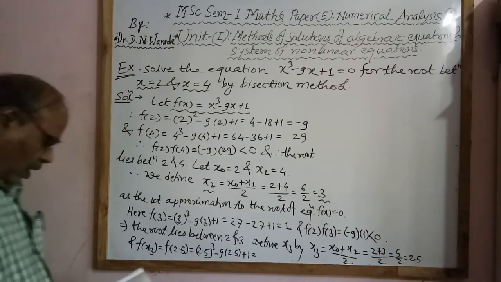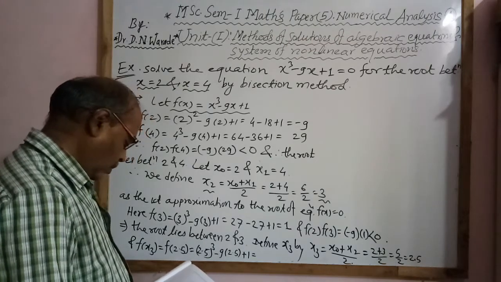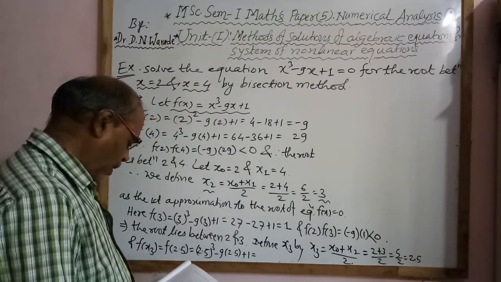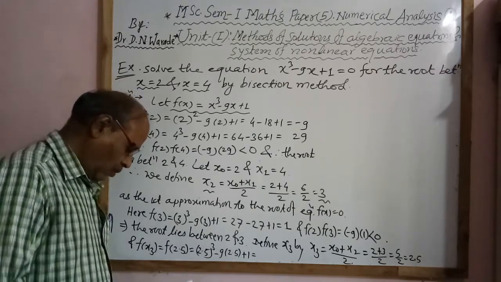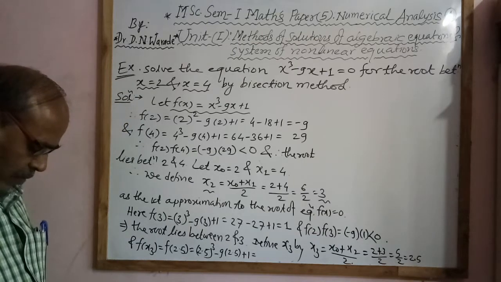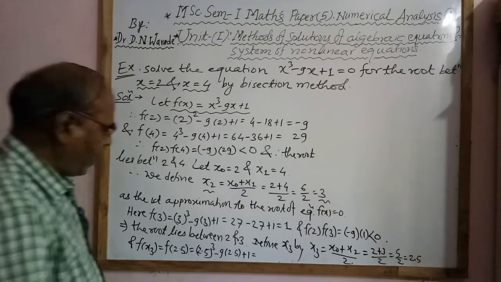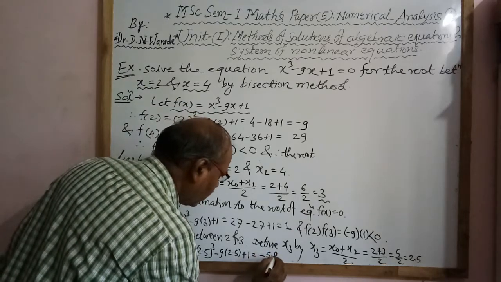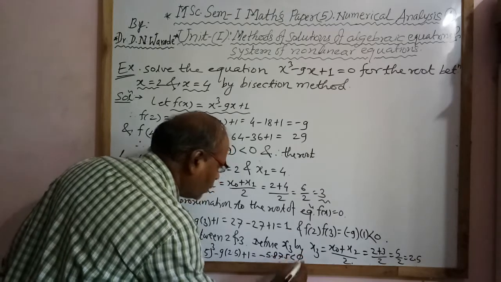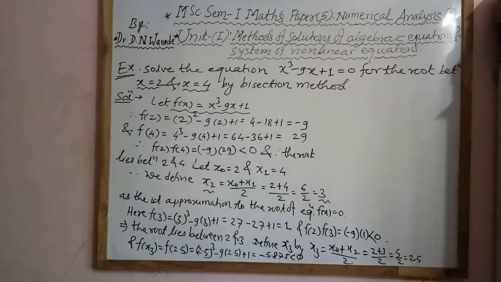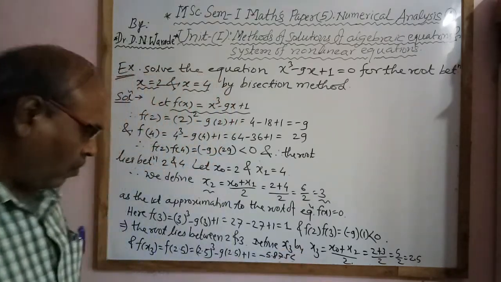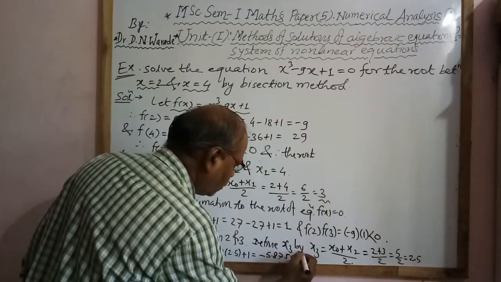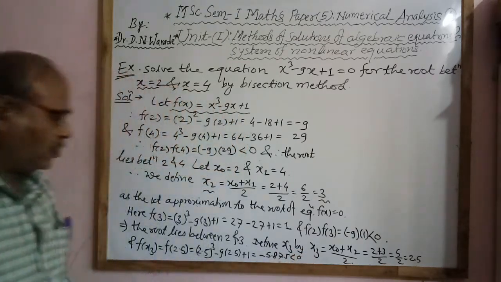Now we will get this value as negative, f of x3 equal to minus 5.875, which is negative, less than 0.